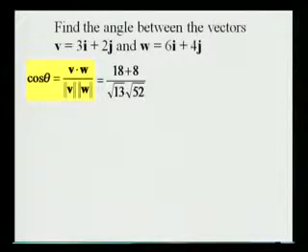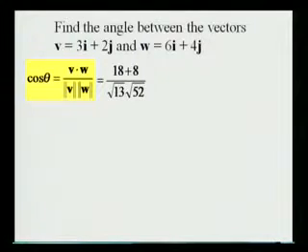This is another example to find the angle between the vectors v equal to 3i plus 2j and w equal to 6i plus 4j. So v dot w is 6 times 3, which is 18, plus 2 times 4, which is 8.